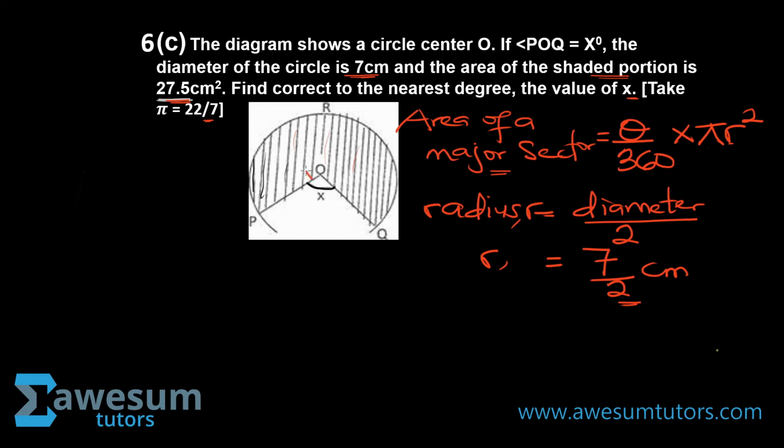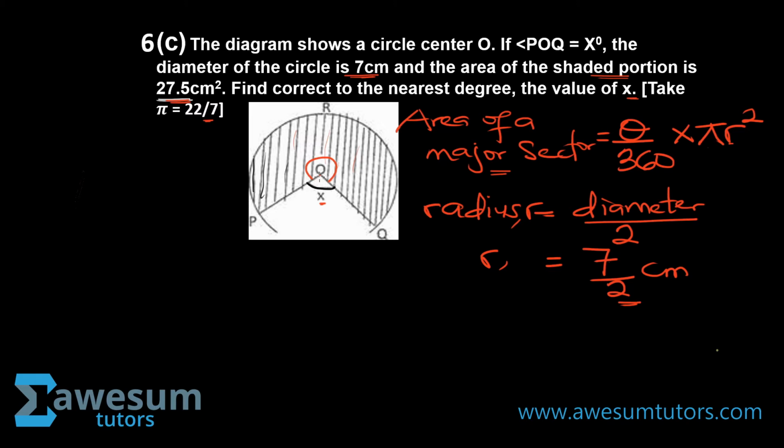This is going to be the angle of the major sector, not this one that is x. That's one thing you need to know. That's where a lot of students missed the point. A lot of students used x as the angle of that major sector, so it should be this angle right here. And as you know, the angle at a point is 360.